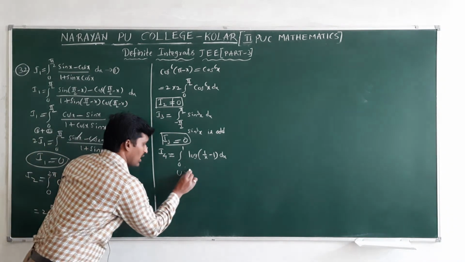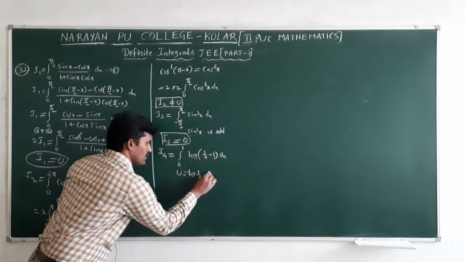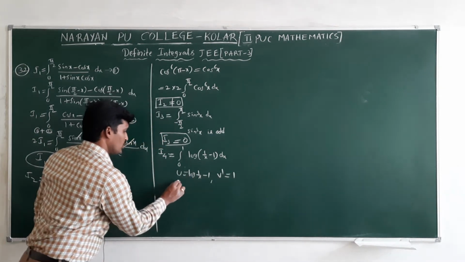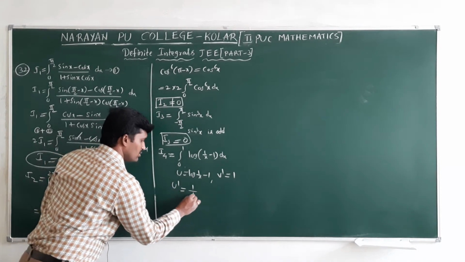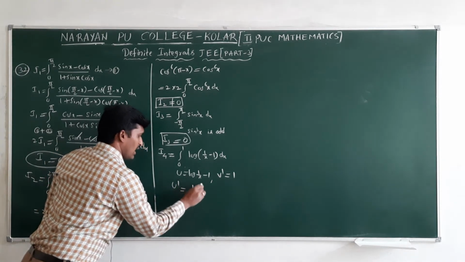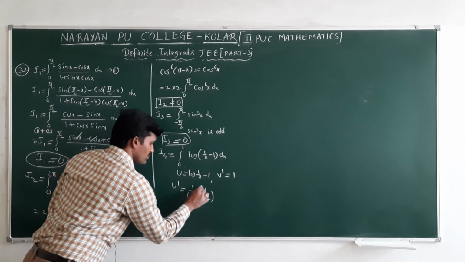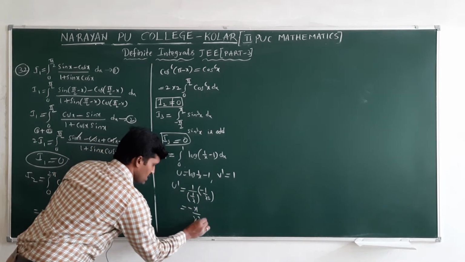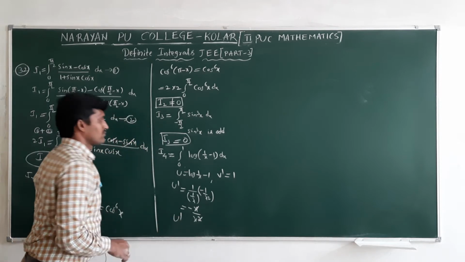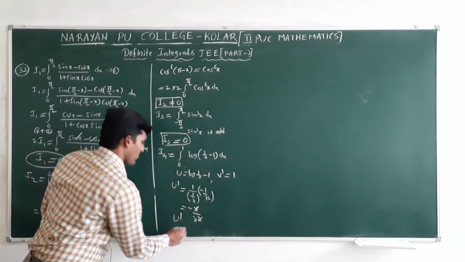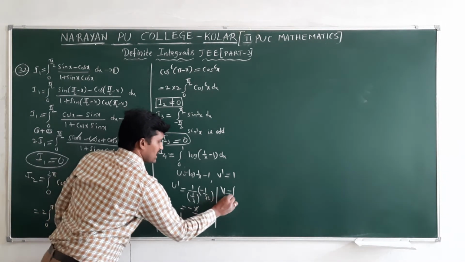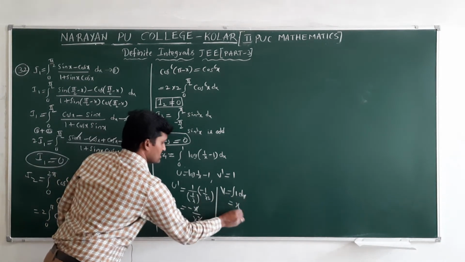U I will take as log(1/x − 1), v' is 1. For u', the log derivative is 1 by (1/x − 1), and the derivative of 1/x is −1/x², so this x comes to the numerator, that is −x/x². Now u' equals −1/x. And v, the integral of 1 dx, is x.